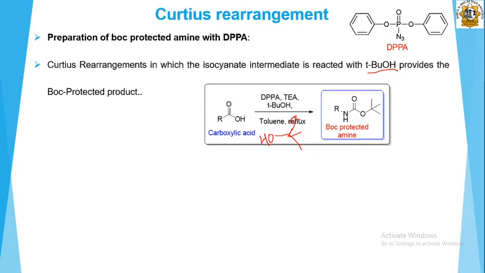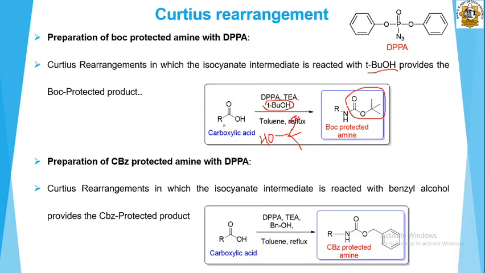So you will get something like the Boc protected amine. The carboxylic acid gets converted to azide, then the isocyanate will react with tertiary butanol, which is a nucleophile, to form the Boc group protected amine. This way you will get direct Boc protected amine from carboxylic acid. You can do it in one pot also, or you can isolate the acyl azide, then treat with butanol or some other nucleophile, and you will get another product.